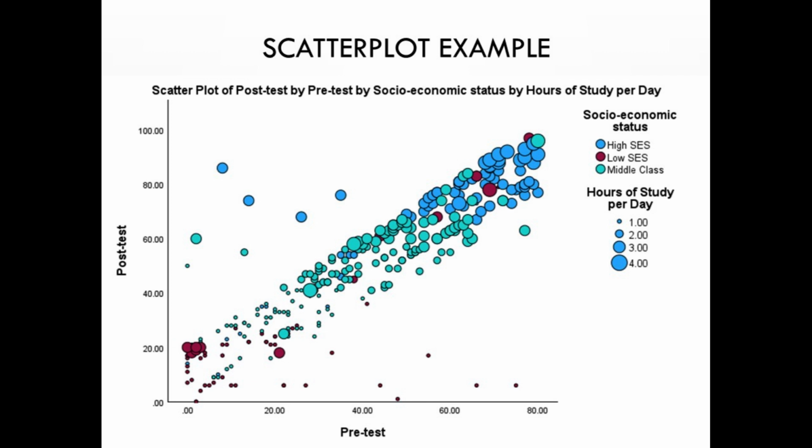At the same time, we can see that most of the larger dots are located in the upper right corner, indicating that individuals with higher scores tend to spend more hours per day studying. Therefore, scatter plots can be used to visually describe the relationship between two quantitative variables, but can also represent information from one or more categorical variables.